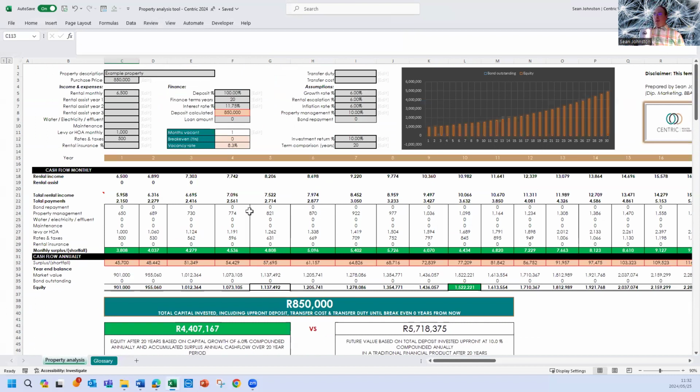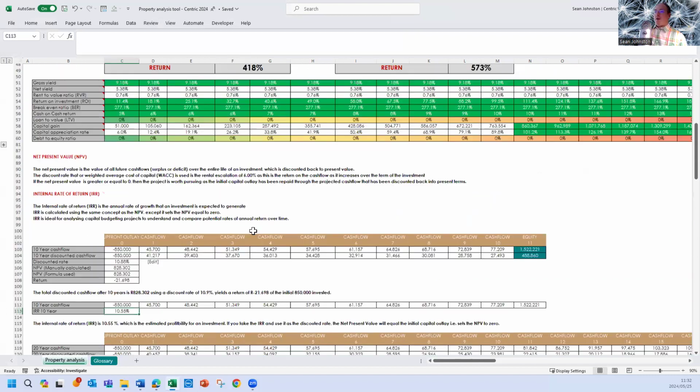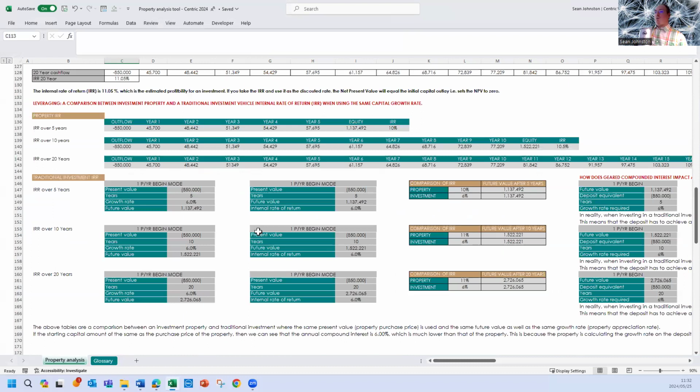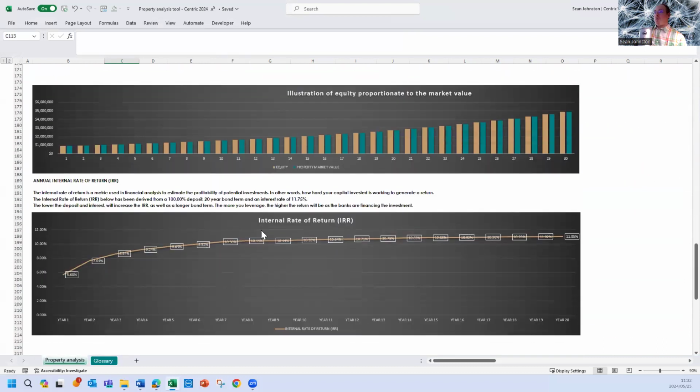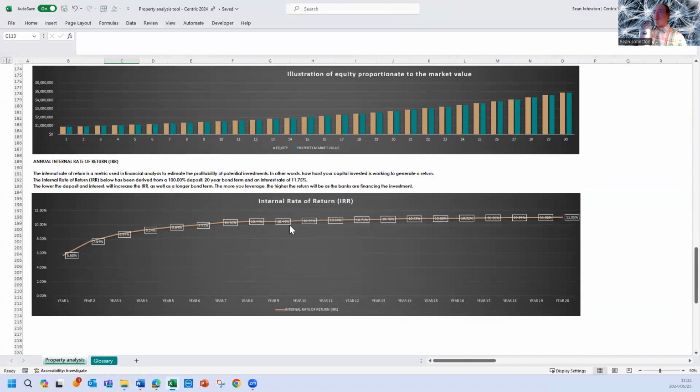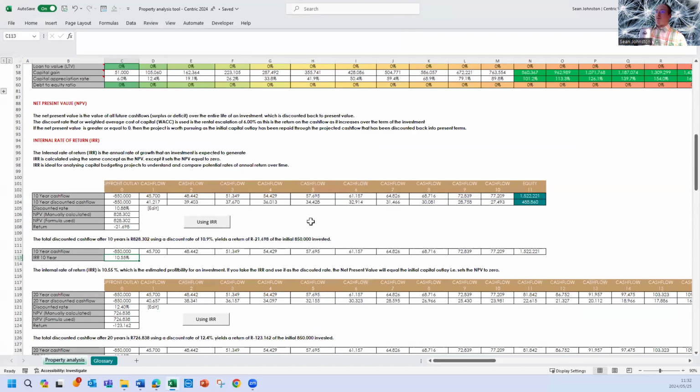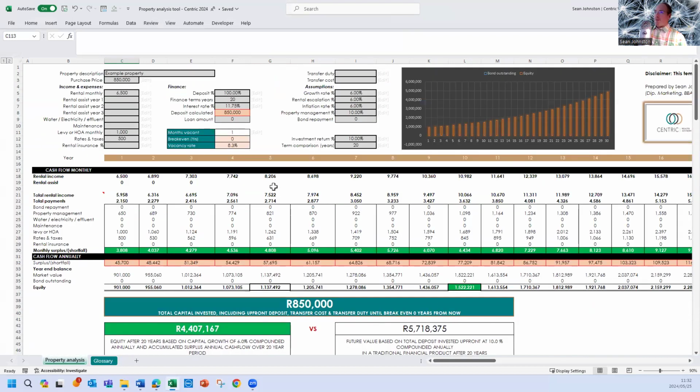So the point being is that playing around with different scenarios with this template will help you make a more informed decision based on the type of property you want to purchase in terms of the value, the type of rental you're going to get for it, the costs to maintain and run it, the potential cash flow implications, the finance that you're going to get on it, the loan term.